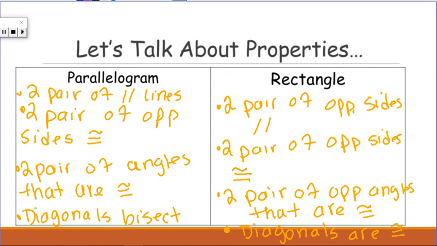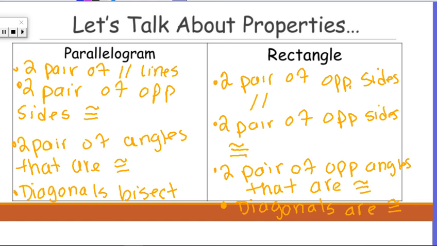And one more extra property is it has 4 right angles. So in other words, a rectangle can be a parallelogram, but a parallelogram cannot be a rectangle. And that's because the parallelogram is missing the right angles.